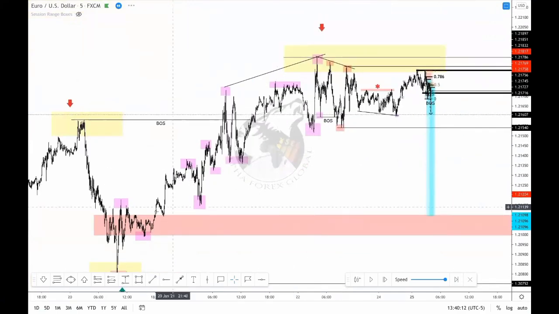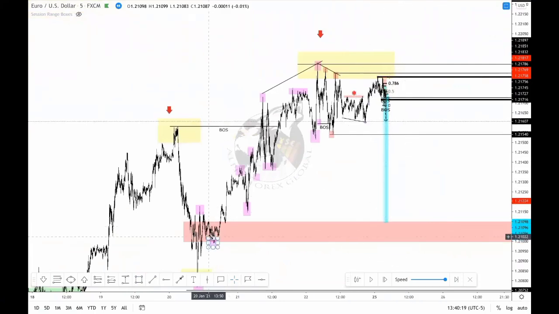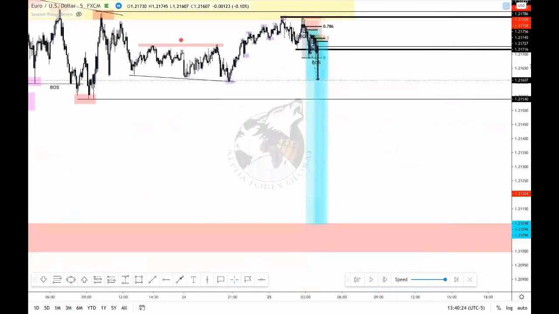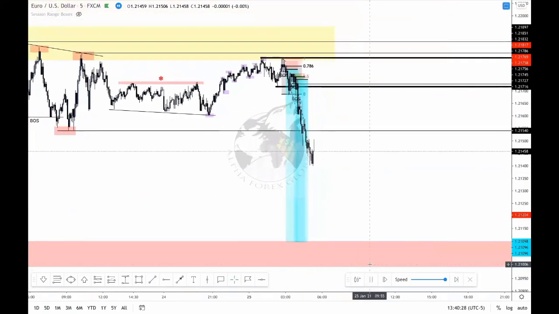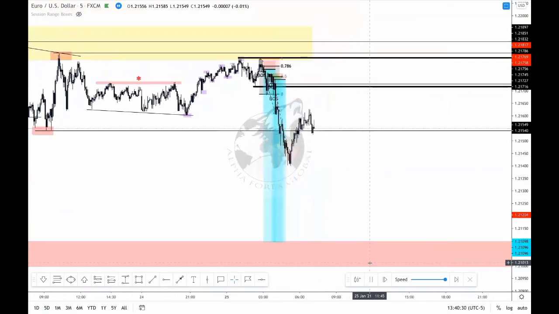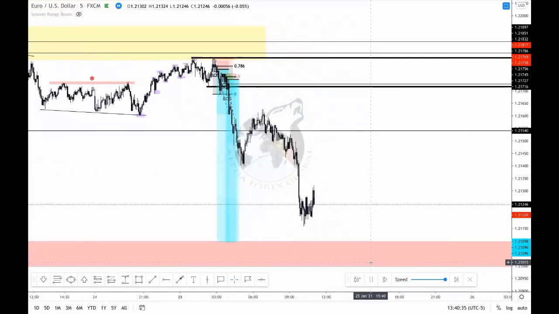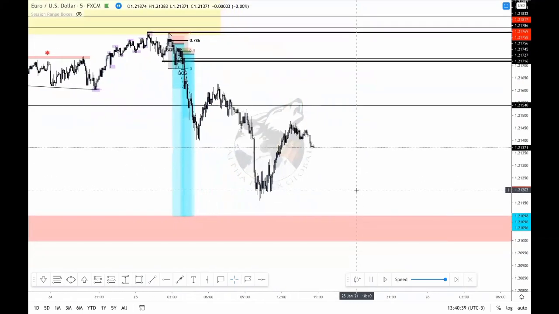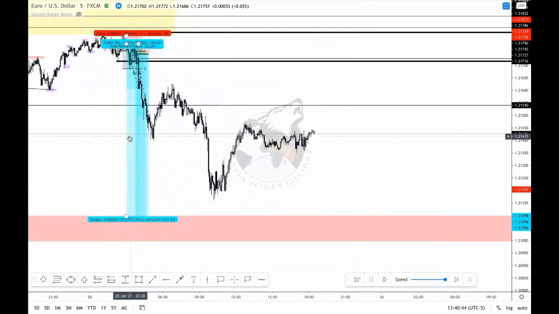because we're looking for the market to create that new 1 hour higher low, and we can also get an entry here because this here is a valid point of interest. And note the time when we got these entries.